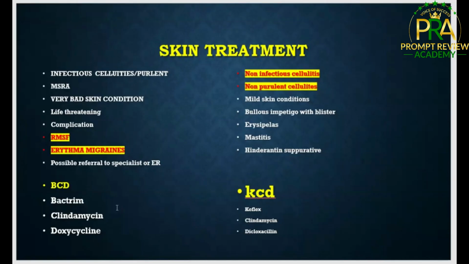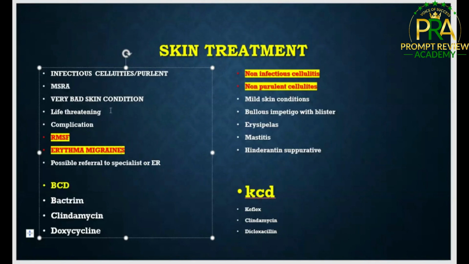Just think about anything where there may be complication. I'm worried about complication. I'm worried that this might be life threatening. I'm worried this is a very bad skin condition. I'm worried about MRSA. I'm worried about cellulitis, where we have both infectious and non-infectious, or purulent and non-purulent.